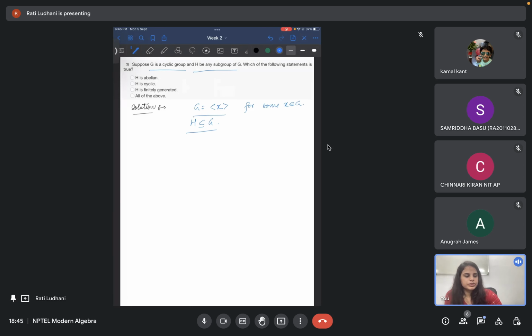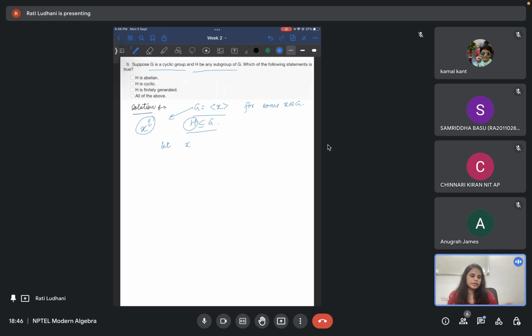G is given to be generated by x. Now H is a subgroup, so let's see what are the elements of H. Can we say anything about elements of H? Any element of G, how will it look? It will look like x raised to power something, right?